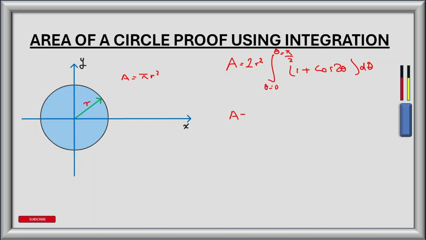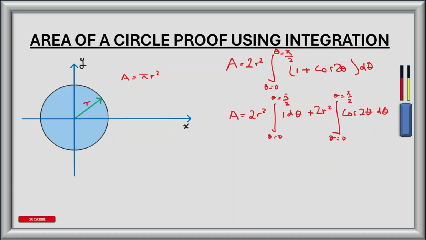Our area can now be written as follows. The area of the circle is 2r squared multiplied by the integral from theta is 0 to theta is pi by 2 of 1 d theta, plus 2r squared multiplied into the integral from theta is equal to 0 to theta is equal to pi by 2 of cos 2 theta d theta.